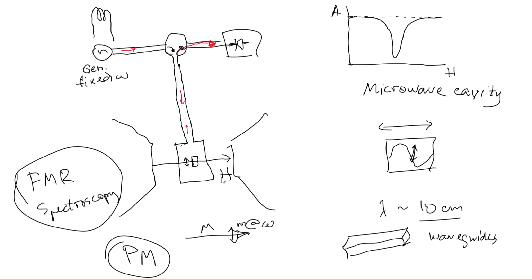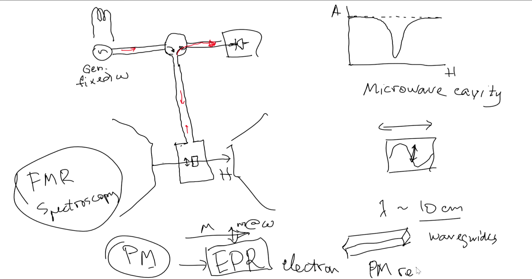And paramagnets, when we apply a magnetic field, they get magnetized. And when they get magnetized, then you can measure their magnetic properties. So for paramagnets, the technique is called electron paramagnetic resonance spectroscopy. So EPR, that's electron paramagnetic resonance. I will show you a picture in a moment.